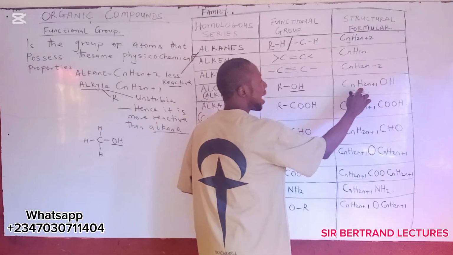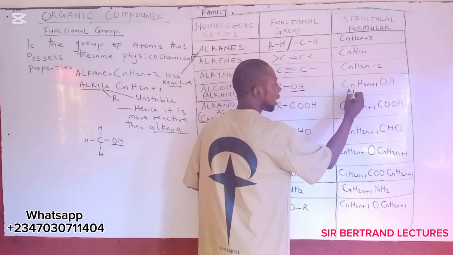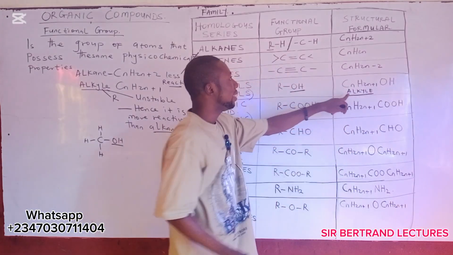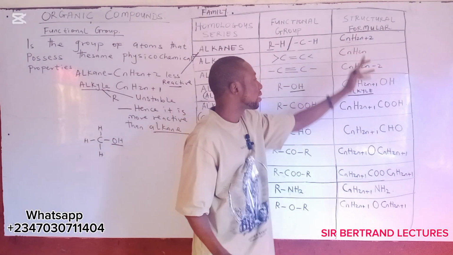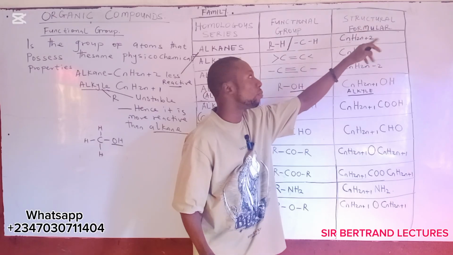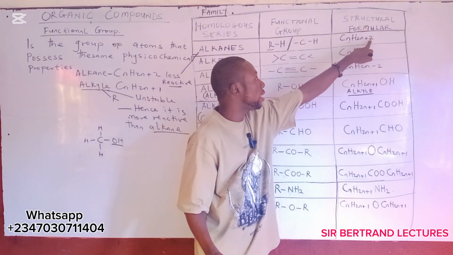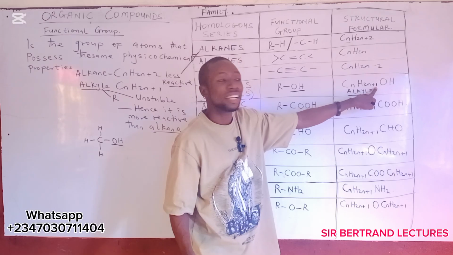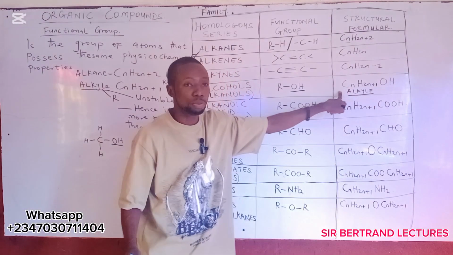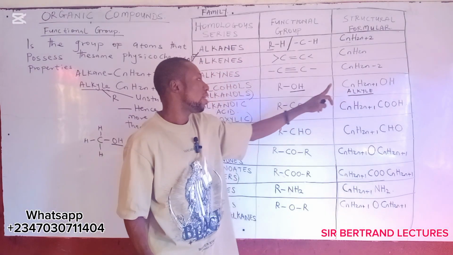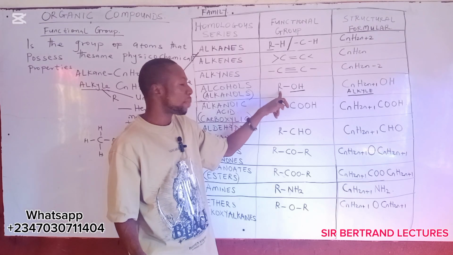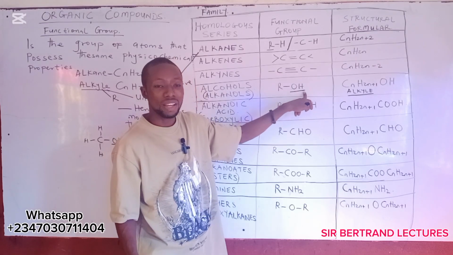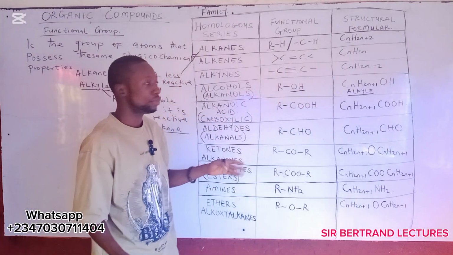Because alkyl is the alkane that lost 1 hydrogen atom, instead of 2 here we have 1, showing that this is an alkyl group. And the alkyl group in organic chemistry is represented with capital letter R bonding with OH. The OH here represents the functional group.